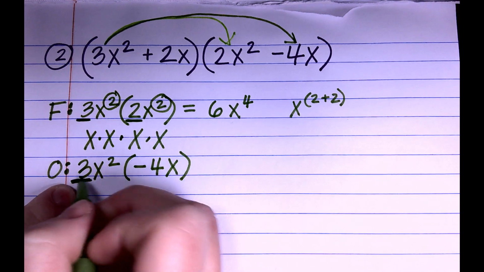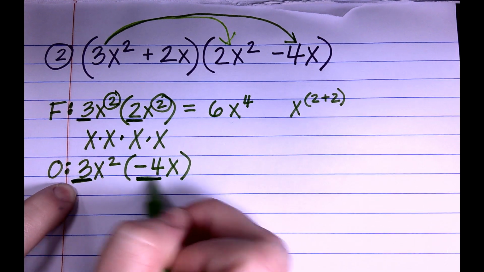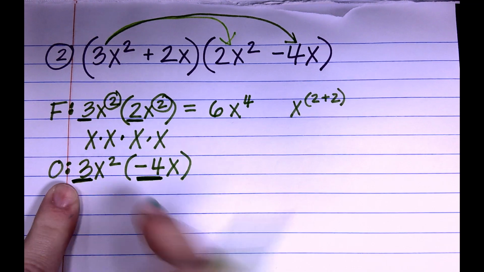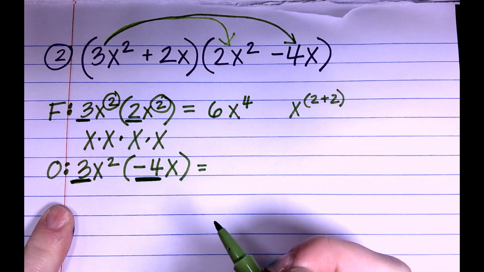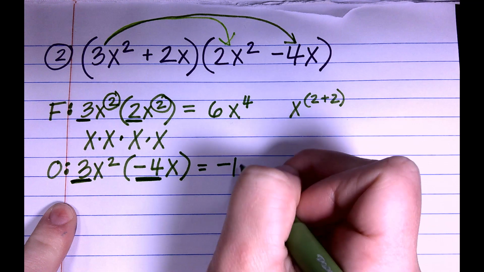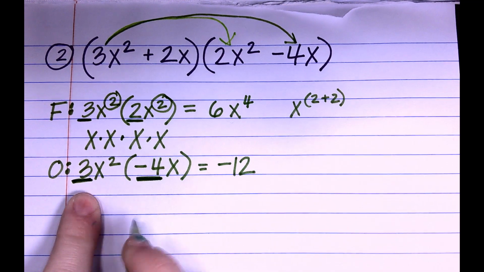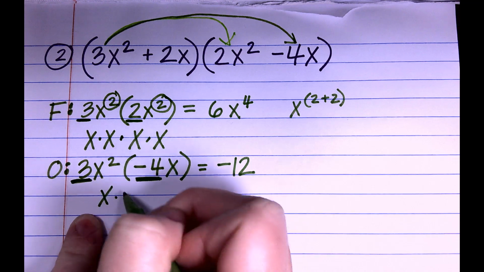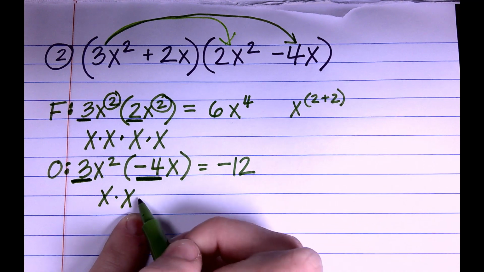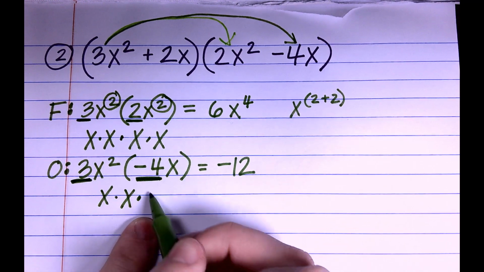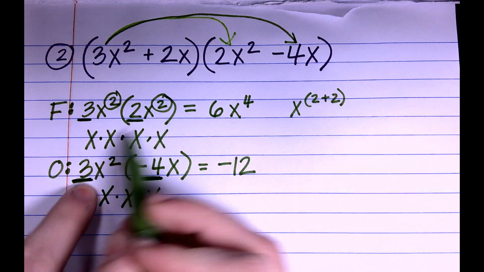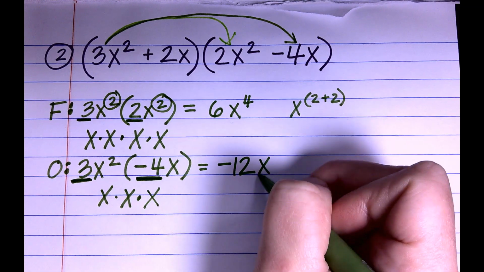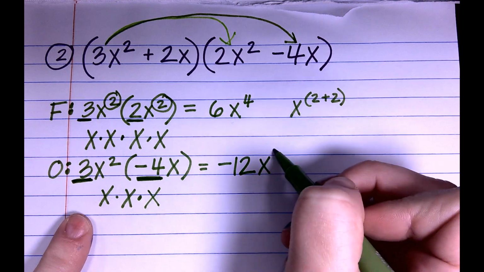My coefficients are positive 3 and negative 4. So what is positive 3 times negative 4? Perfect, negative 12. And now I have x squared, which is x times x, times x. So x squared times x would be what? X to the third power.